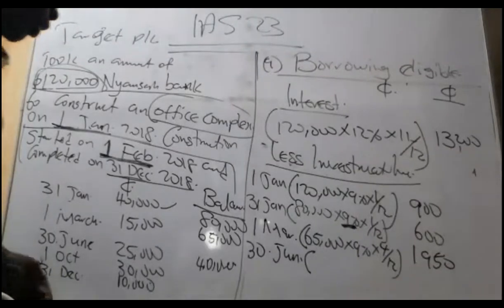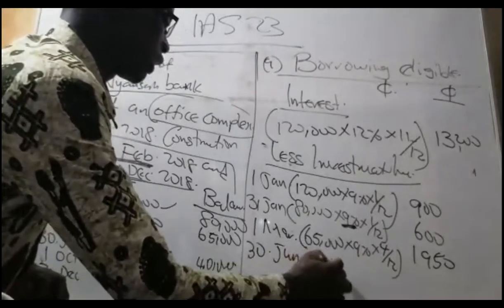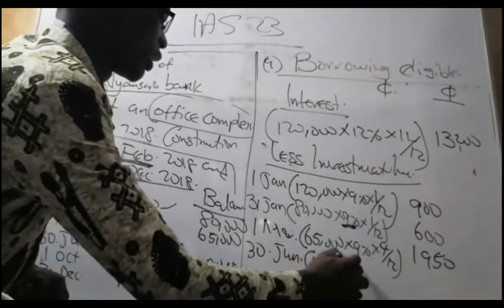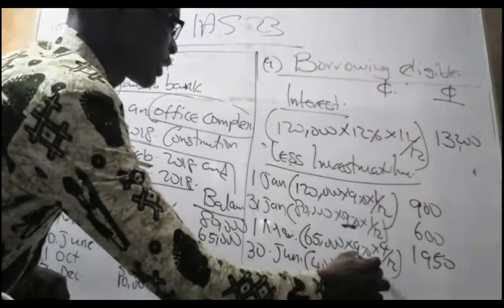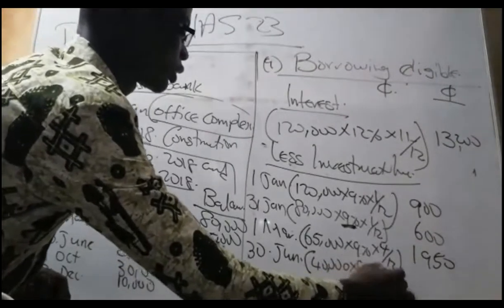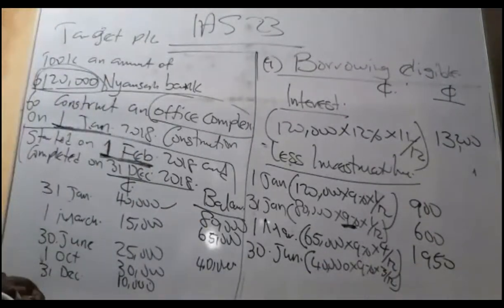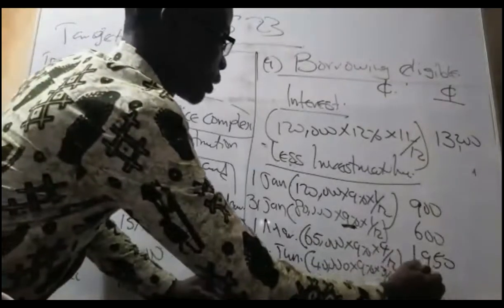Now they will invest 40,000. So what will be the answer at 9% times 3 out of 12? That will give us 900 again. Wow. That's quite fantastic.